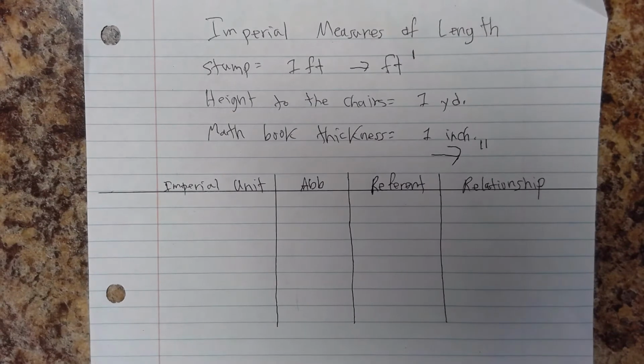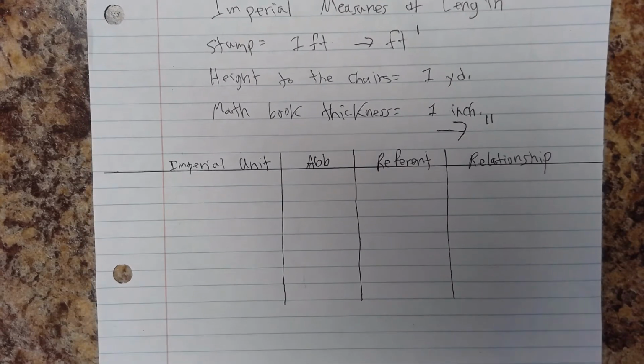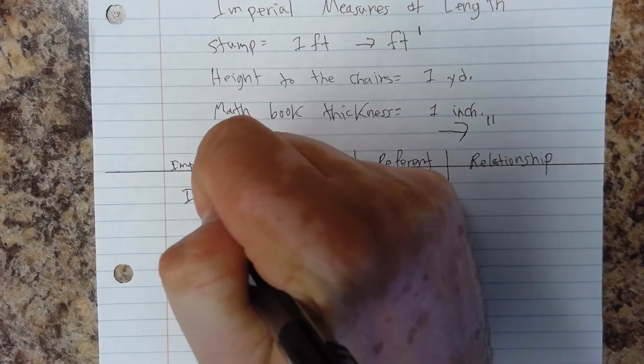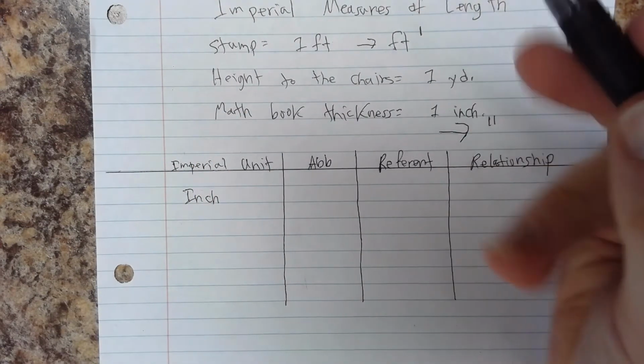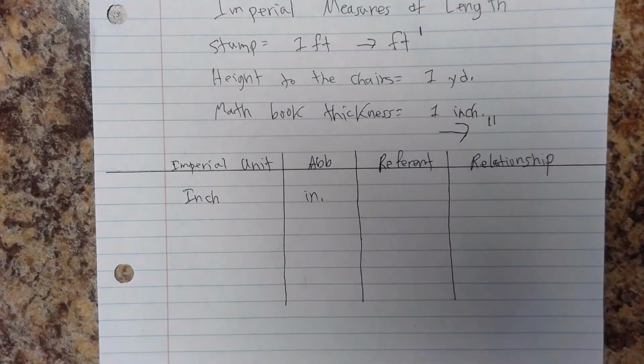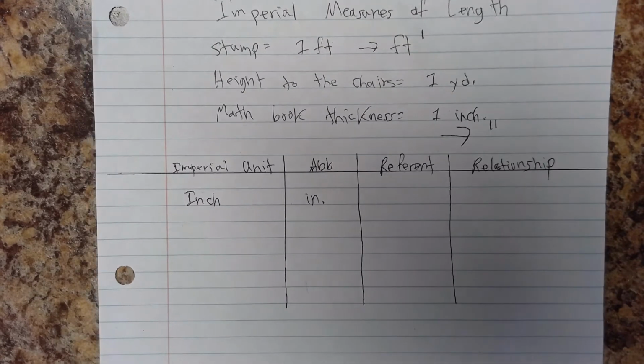When you watch a class during this unit, you should obviously have a ruler with you. Let's begin with the inch. Abbreviation for inch is IN. I've already used that previously, right? And a good referent for something that's an inch, here in the book they mention your thumb, but let's try and get creative and let's do something else.